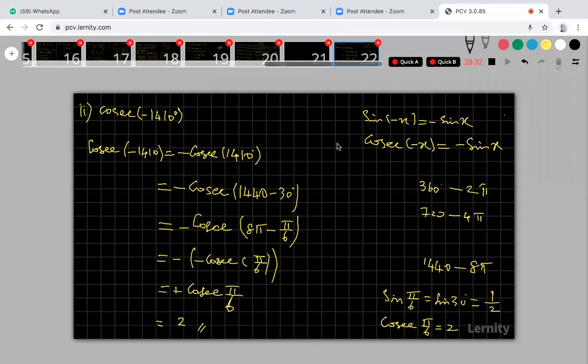Please try to find the answer for tan 19 pi by 3.